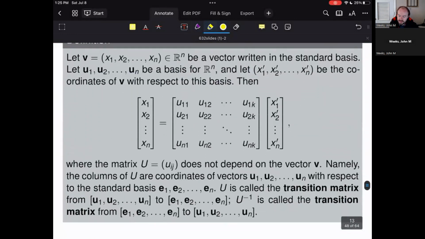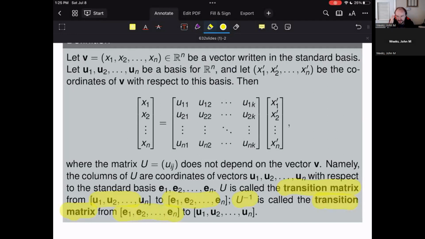The matrix U is called the transition matrix from the new to the old coordinate system, and U inverse is the transition matrix from the old system to the new system. So U is important and U inverse is important. We'll be using both of these as we go throughout.